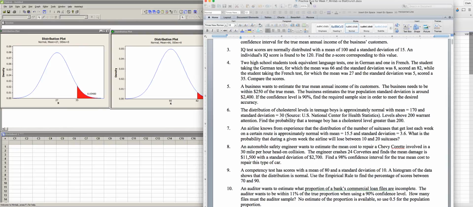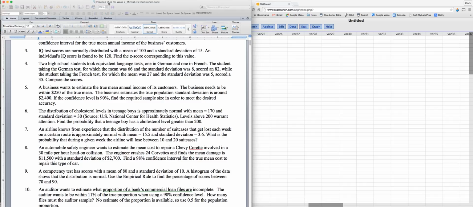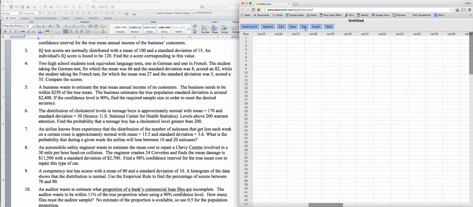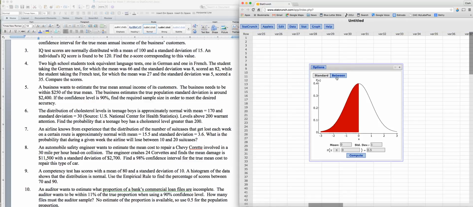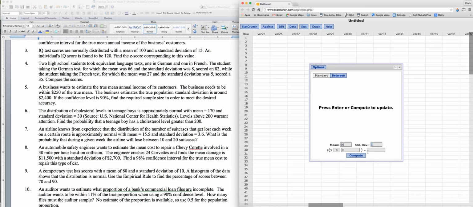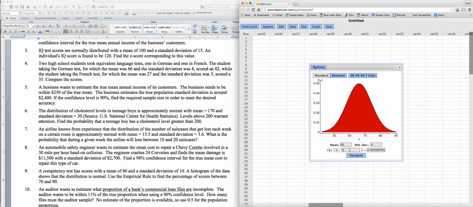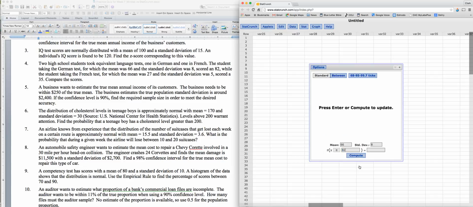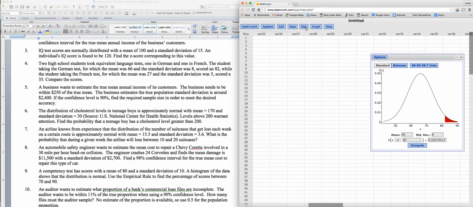So let's come over to StatCrunch and do the same stuff, the normal calculator, and just a standard curve here, 66, 8, probability that it's greater than, the score was 82, and again you get that same answer as before.